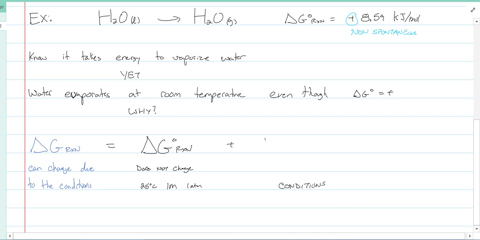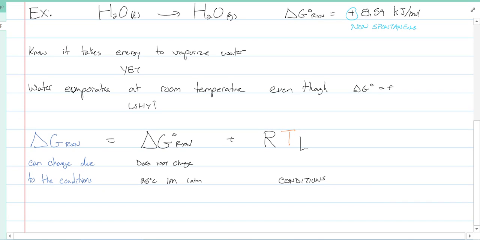Well, of course, it starts with the gas constant R, the temperature T, times the natural log of Q. And Q is the reaction quotient. So Q is, right, concentration of products over the concentration of reactants.